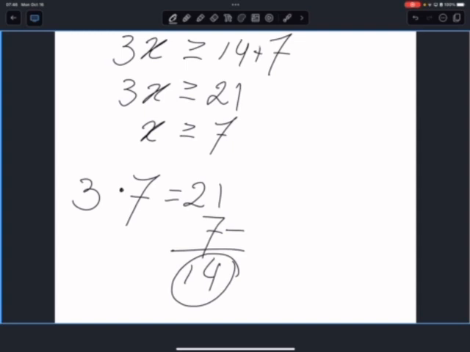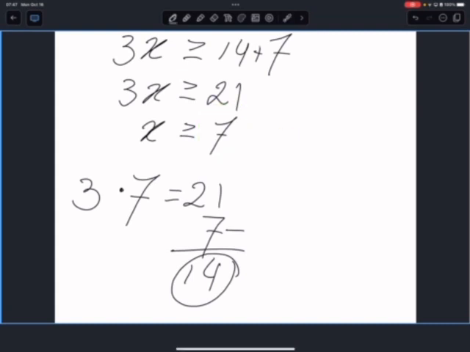But is 7 the only answer? No. My answer is equal to or greater than 7. What does that mean? 7, 7.1, 7.3, 8, 9.5, 11.15. Every answer that is equal to 7 or greater.